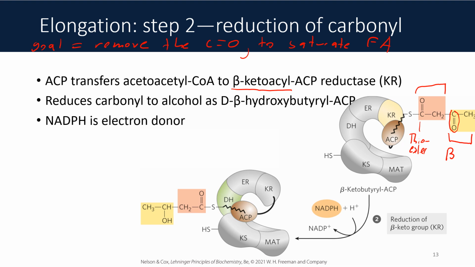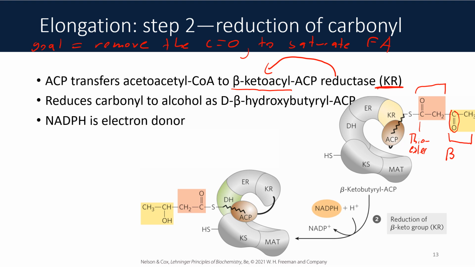And to do that, ACP is going to carry this growing fragment to a different domain, the beta ketoacyl ACP reductase. And just as the name describes, it is going to reduce the beta ketoacyl. And what happens when you reduce a beta ketone?